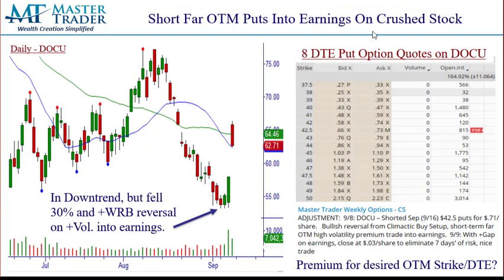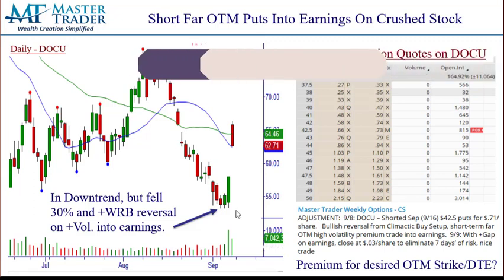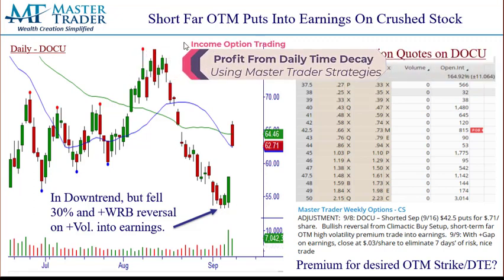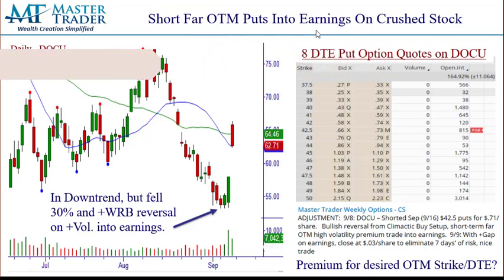Another example here. Last week in our weekly options trader, we were 18 for 19 in selling these put spreads. And I'm just showing you this one because we also have a specific approach to selling puts and put spreads into earnings on crushed stocks and other setups.